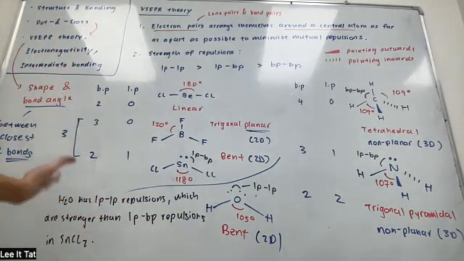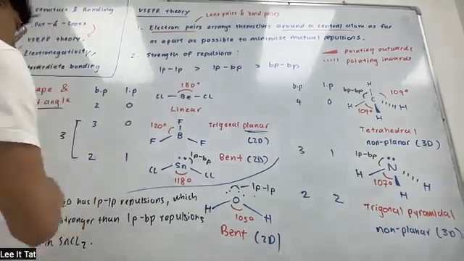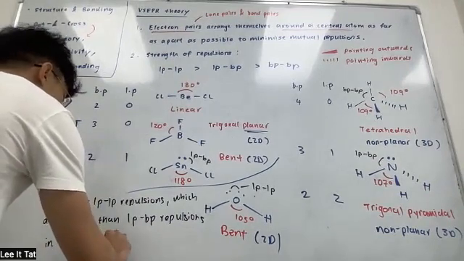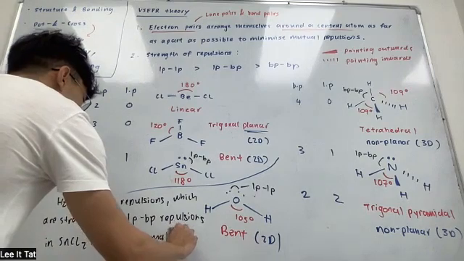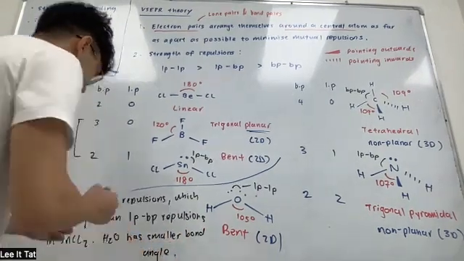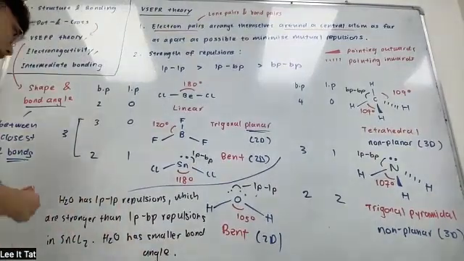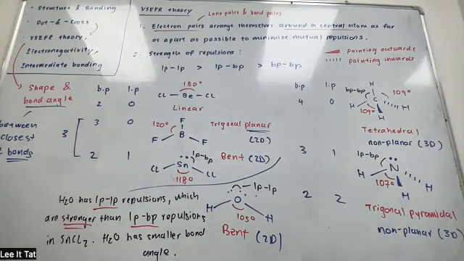This is what you can do. I'll give you suggestions here to cut down your answer. Once you compare the strength of the repulsions, then go straight to: water has a smaller bond angle. It's quite easy to explain. Lone pair, bond pair, compare the strength and finish.